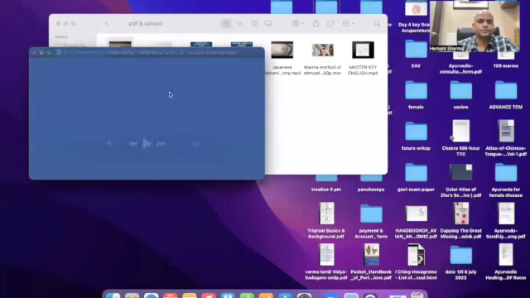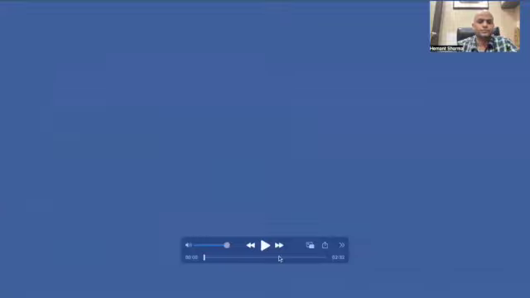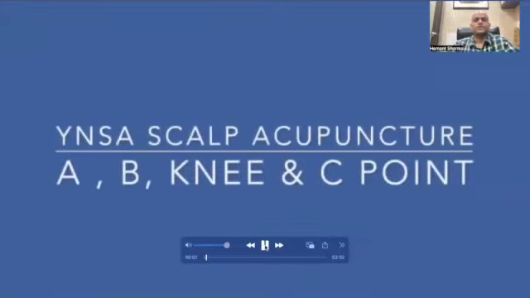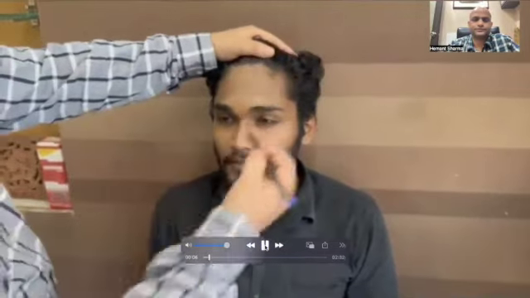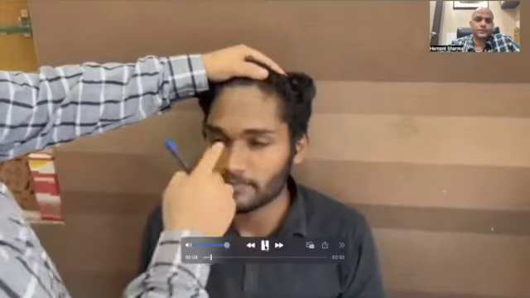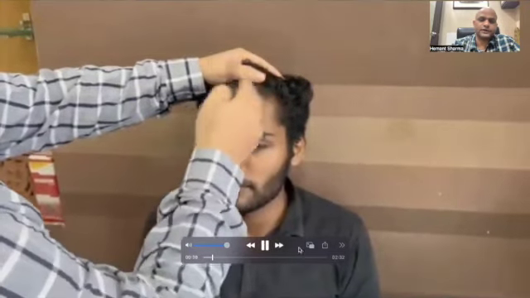Okay. Let's see video number 2. So I would like to show you the A, B, knee, C points once again here. From the center line, this is the center line.